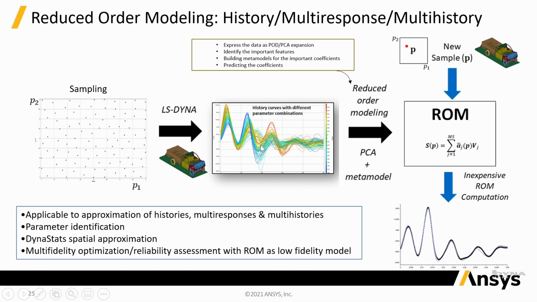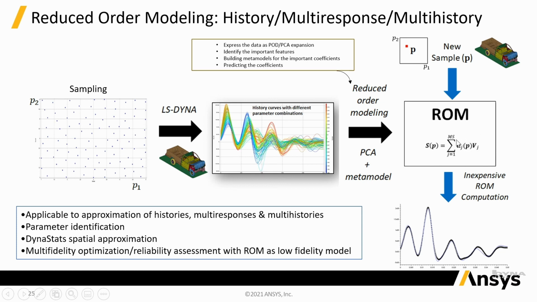So we capture a few important modes from the behavior of the model, and the final system behavior is represented by those few modes. So it does not represent all the modes. Typically, it is a very small fraction of all the modes, so you have only a few terms in this summation. And these eigenvectors V's are obtained using PCA or POD.